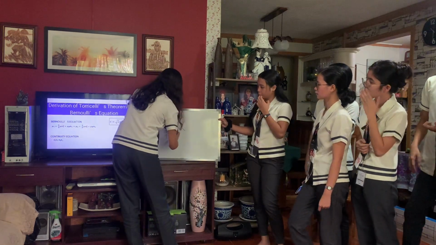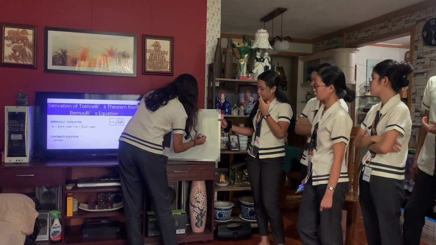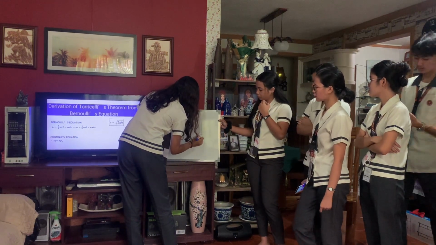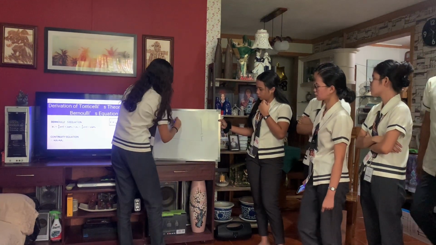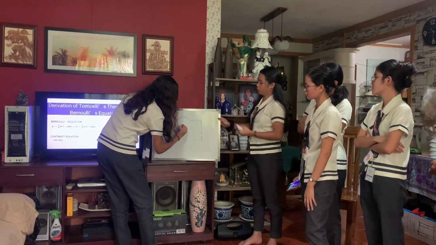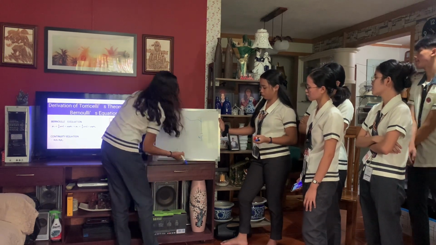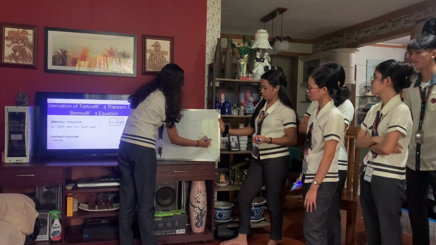I have here a container which is filled with a fluid up to a height of y2. At a different height, which is y1, there is a hole from which the fluid flows out.